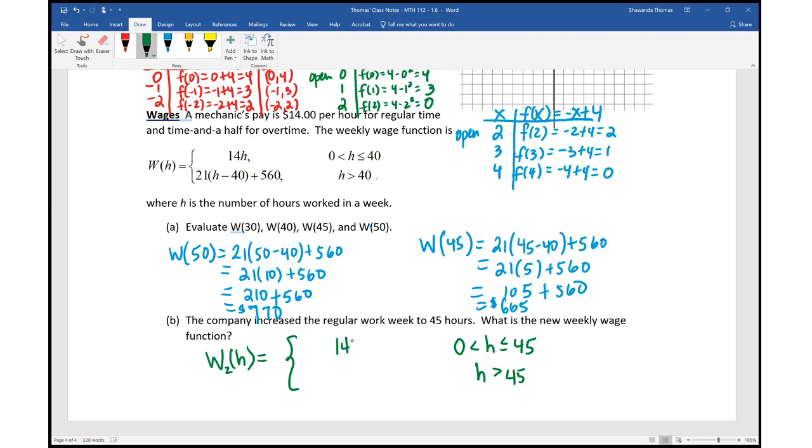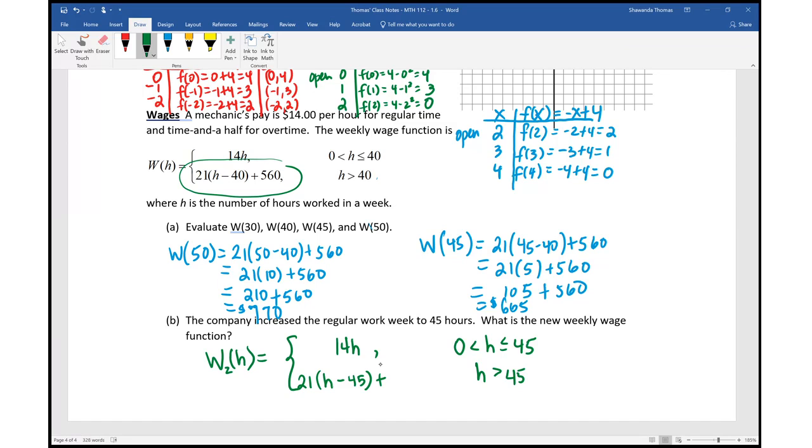Would the 14H change at all? Nah. All right. 14H would not change. What about 21 times H minus 40 plus 560? Well, definitely that 21 times H minus 45 now, right? Plus, what would you put instead of 560, right?